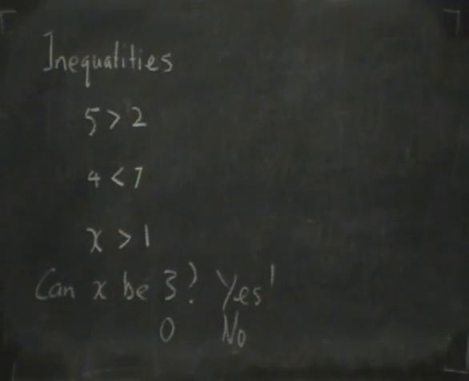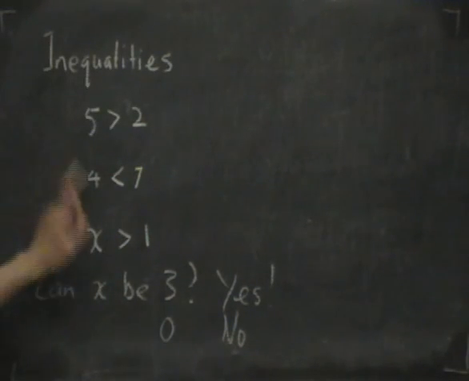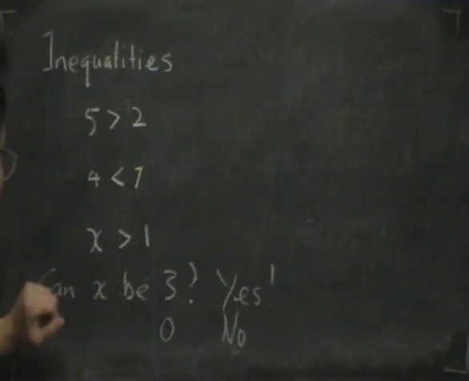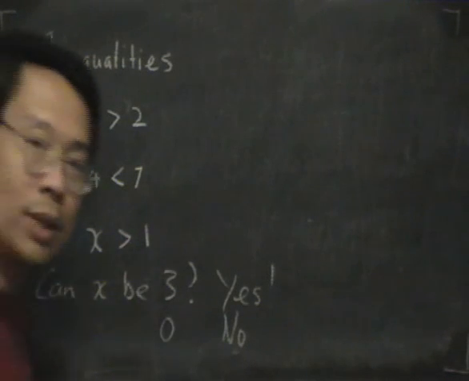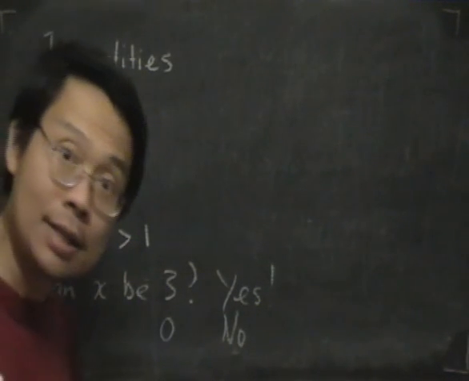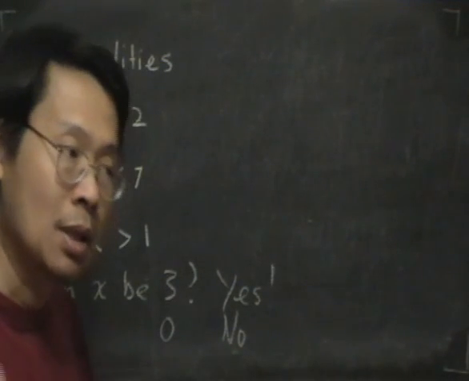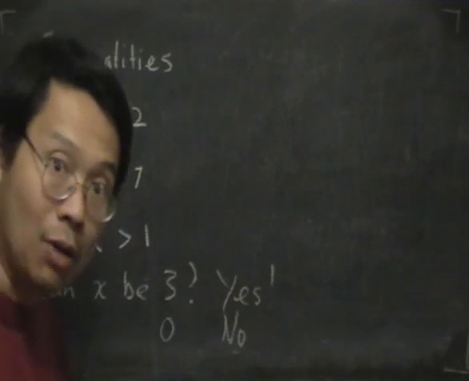Well, not entirely, because we do know, for example, that x can't be 0. We know that x has to be more than 1, so x cannot be 1. X cannot be any numbers that are less than 1. X cannot be half.